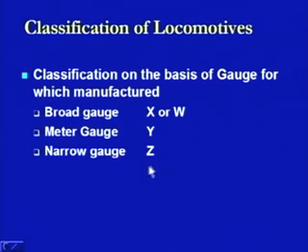How is this being done? In the case of the classification on the basis of the gauge, if it is a broad gauge condition, then we will find that in the name of the locomotive the letter X or W will be there. Similarly, if it's a meter gauge condition, then Y will be there in the name of that locomotive, and if it's a narrow gauge condition, then Z will be there in the name of the locomotive.